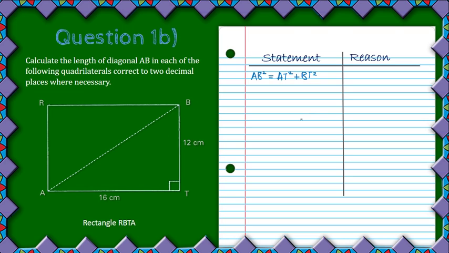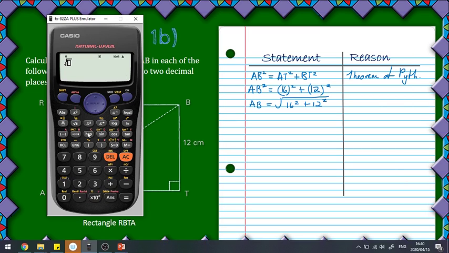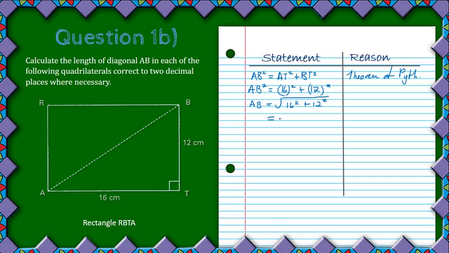My reason is Theorem of Pythagoras, and substituting in our known values, AT is 16 squared plus BT is 12 squared. So AB is equal to the square root of 16 squared plus 12 squared. So this is equal to 20. And we are working with centimeters.